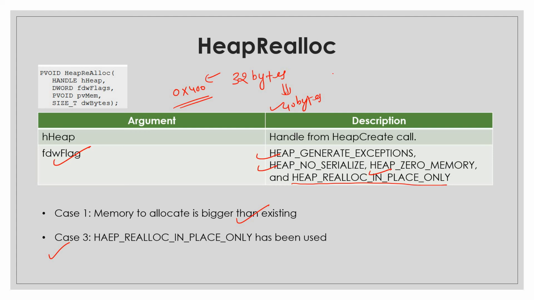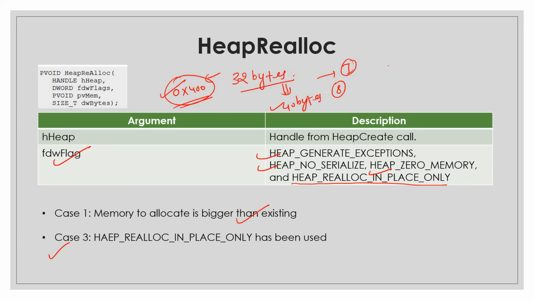The first is that you get the additional 8 bytes adjacent to these 32 bytes. In that case, you don't need to change the address. You can leave this entire memory allocated at 0x400, because you got the 8 extra bytes adjacent to this memory area. So you will get the same memory address.